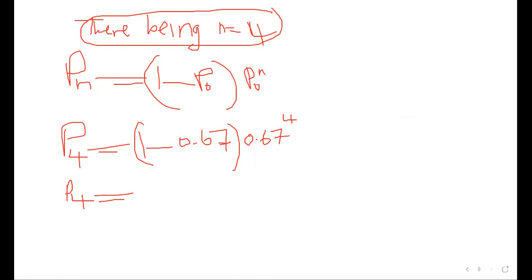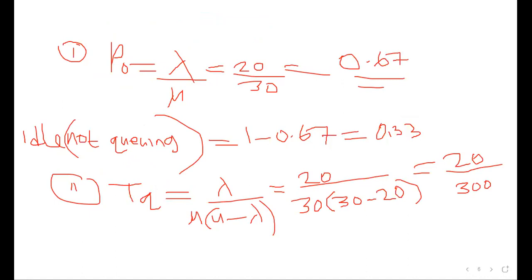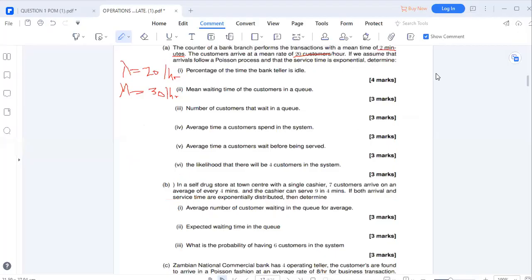Please take note of the fact that queuing is not a cumbersome topic. All other questions coming in this pamphlet, by just getting down to these simple formulas, you'll be able to handle, such as there being 4 customers. This is not an issue.